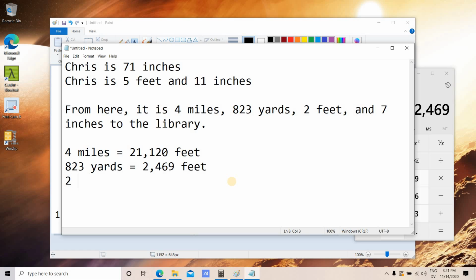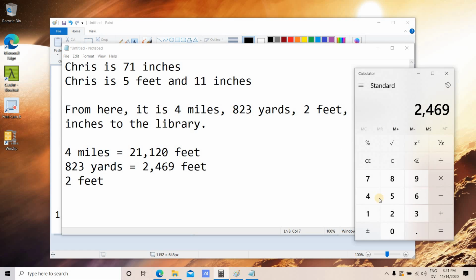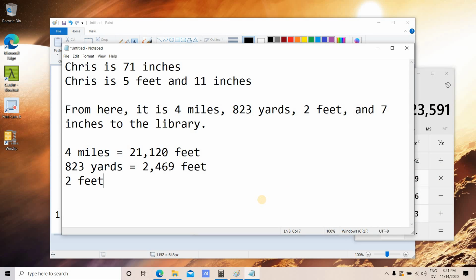So 2 feet for now. Let's say 21,120 plus 2,469 plus 2 is 23,591 feet.